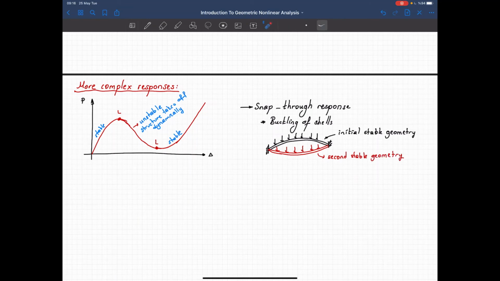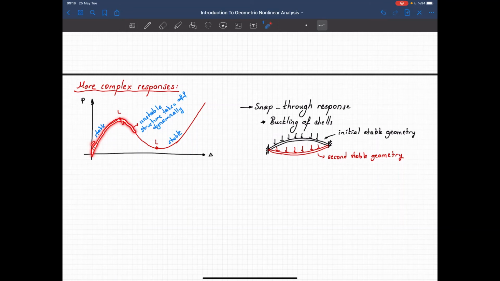So initially it was under compression for the loading, and then it buckles, but after the buckling it catches another stable geometry where it resists the applied loading with tension. Okay, so in other words, this is what we see. You apply the compression, it softens and it limits, and then it buckles.